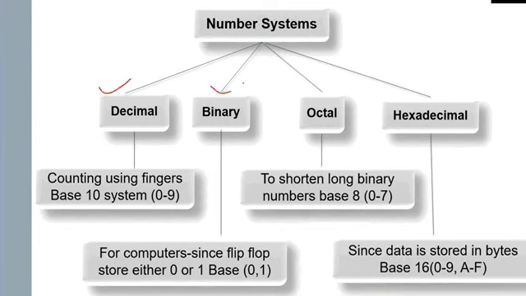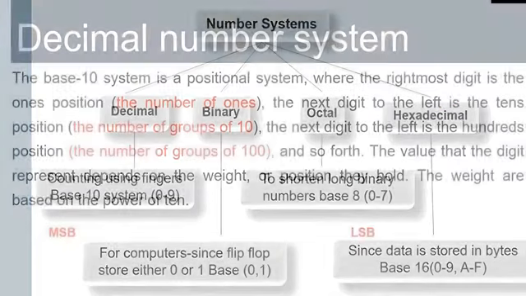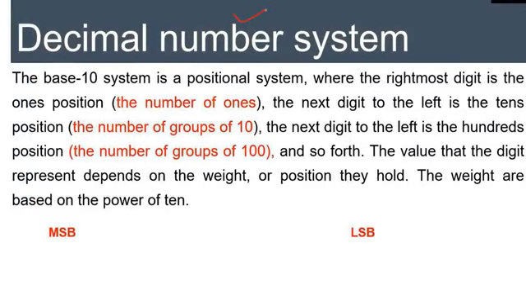You know that the decimal number system has base 10 and uses numbers from 0 to 9. The octal number system has base 8 and uses numbers 0 to 7. Hexadecimal, base 16, uses numbers 0 to 9 and A to F. Similarly, binary, base 2, uses numbers 0 and 1.